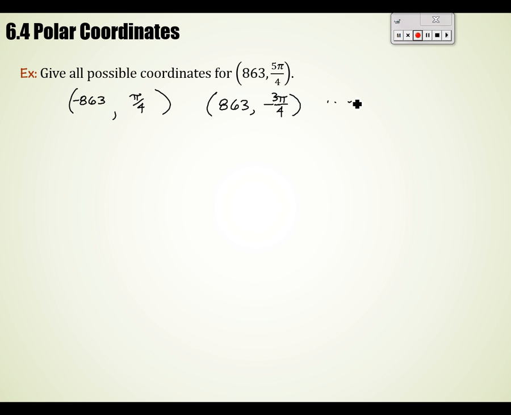But it does say name all possible coordinates. So in the same fashion that we might have done when we were doing trig stuff earlier this year, can we name them all? All of them? One nuance we haven't really said something about is that we could actually, well, Fonda, you hit on this, right? You said you could add 2 pi, and we could keep doing that, right? Yeah, Mona? 863, 5 pi over 4 plus 8 pi n over 4.